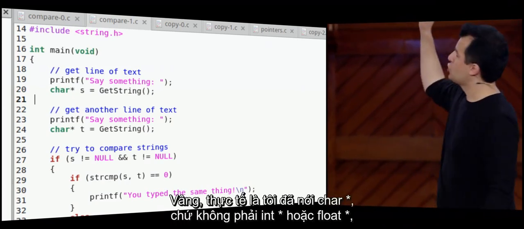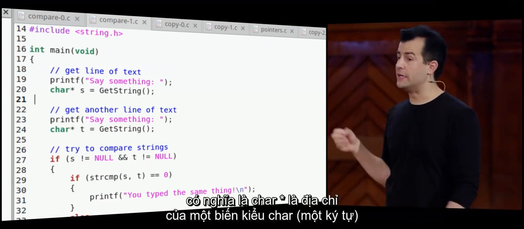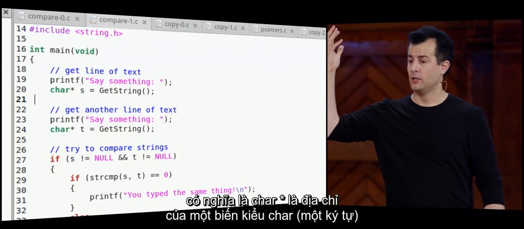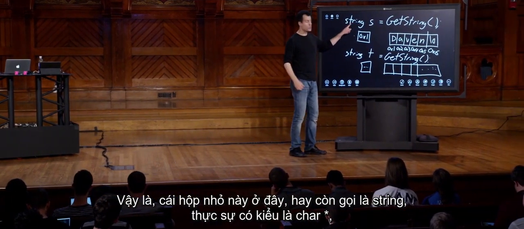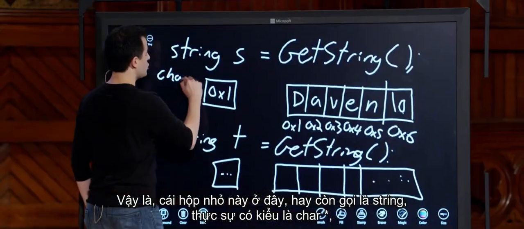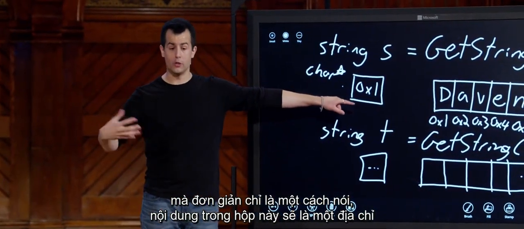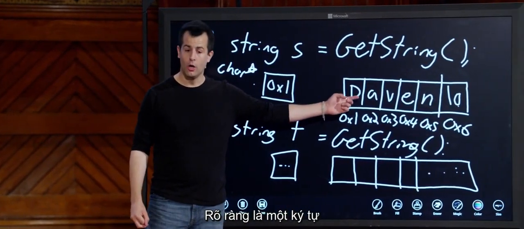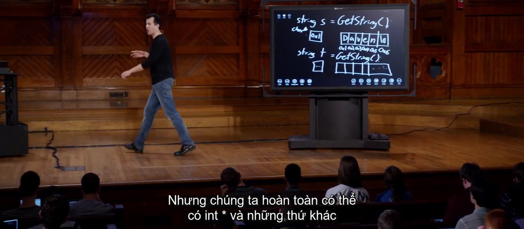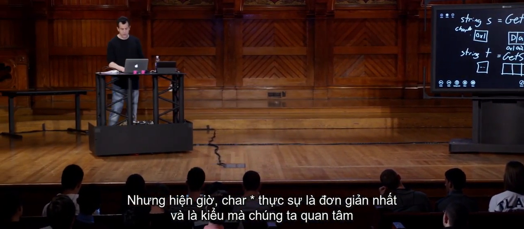Well, the fact that I said char star and not int star or float star means that char star is the address of a char. So this little box here, aka string, is really of type char star, which is simply a fancy way of saying in this box will go an address. And what does that address refer to? Apparently a char. But we could absolutely have int star and other things, but for now, char star is really the most straightforward and one of interest.